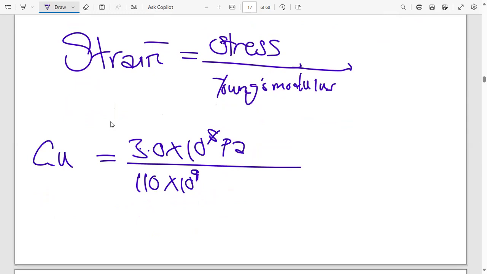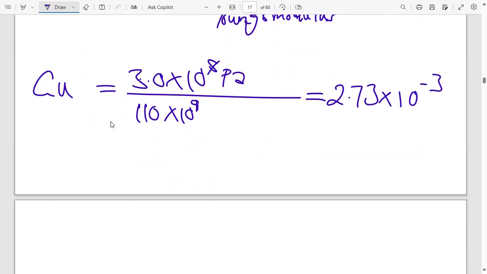And this is going to give us how much? I found 2.72. So when you round it off, it's 2.73.